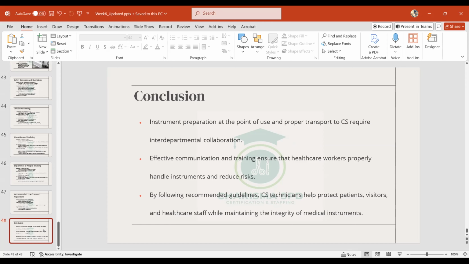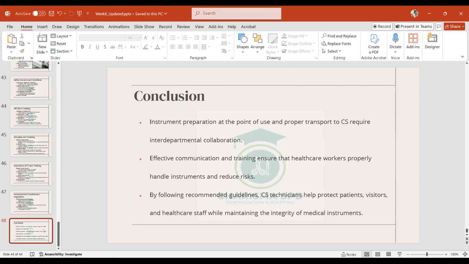The next point is effective communication and training ensure that healthcare workers properly handle instruments and reduce risk. Where is the communication coming from? You put signage at the holding area. Hazardous signage is communicating, transmitting a message.